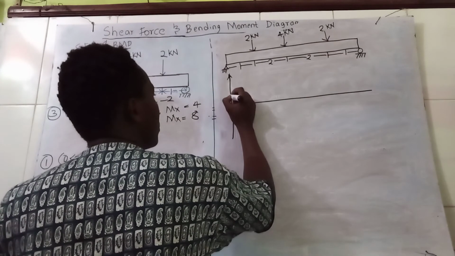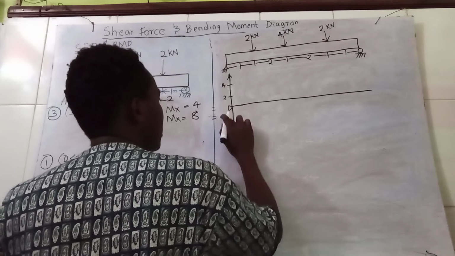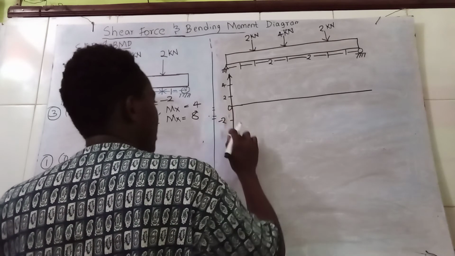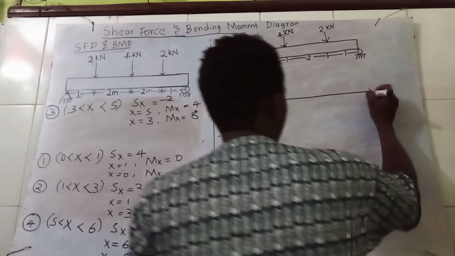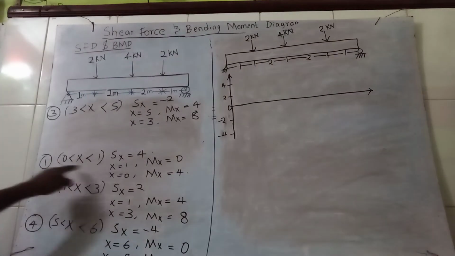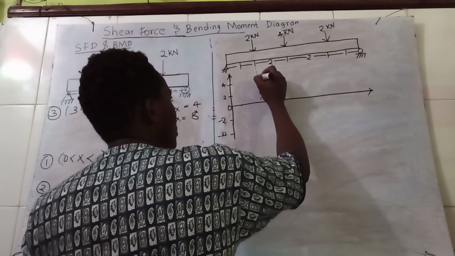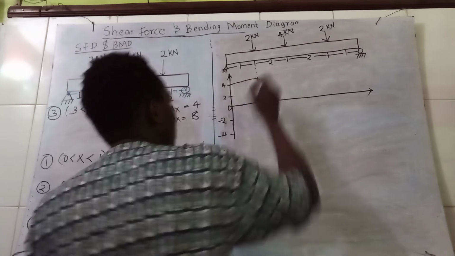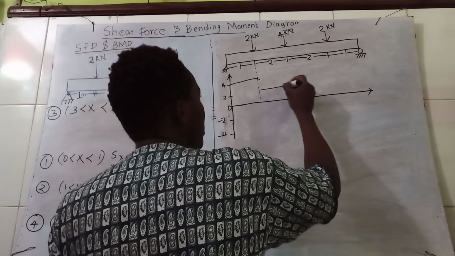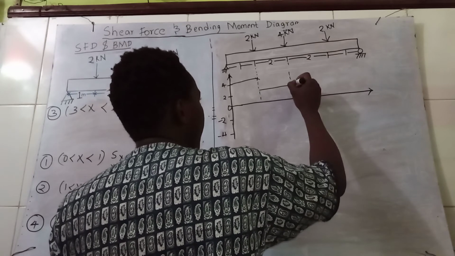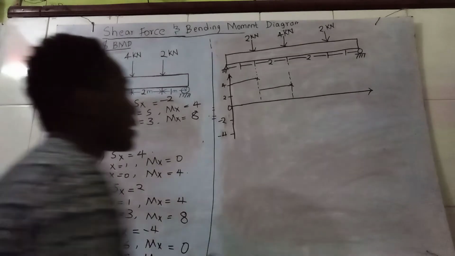So 0, 2, 4, third point, negative 2 and also negative 4. So for the first part, Sx was 4. So up to that part, Sx was 4. Then for the second section, Sx is 2. So to this point, Sx is 2.